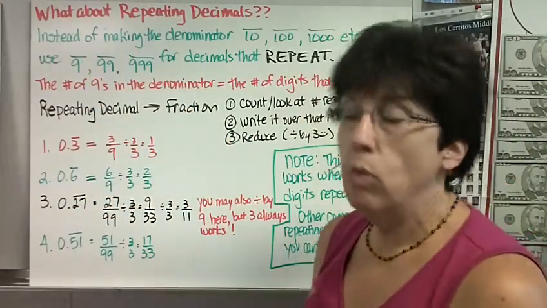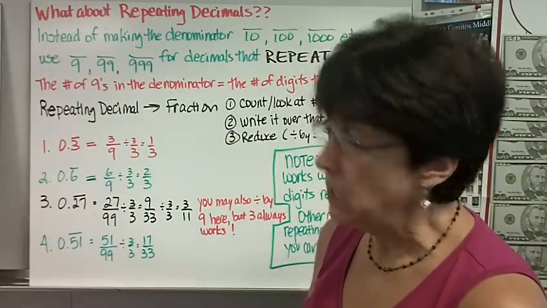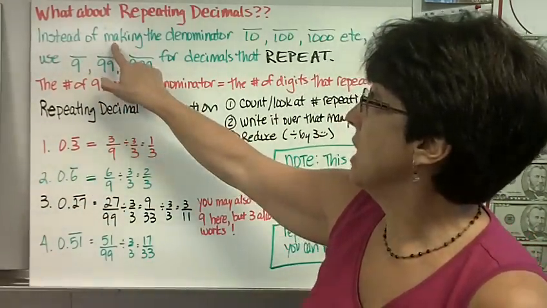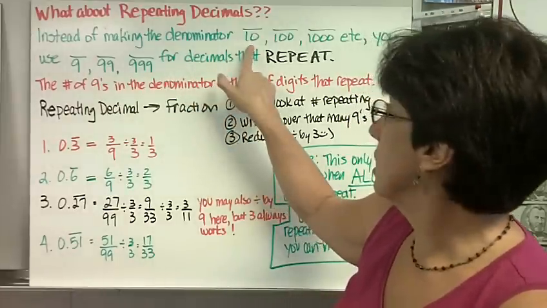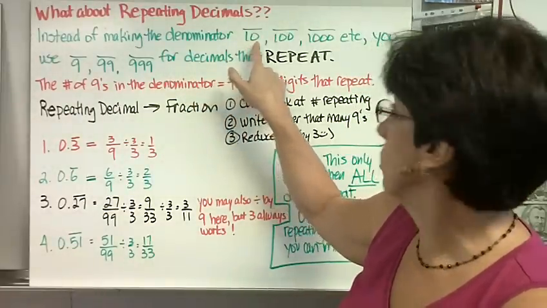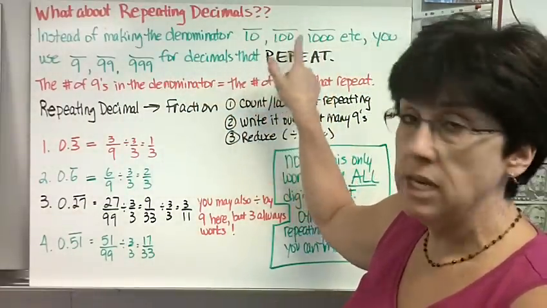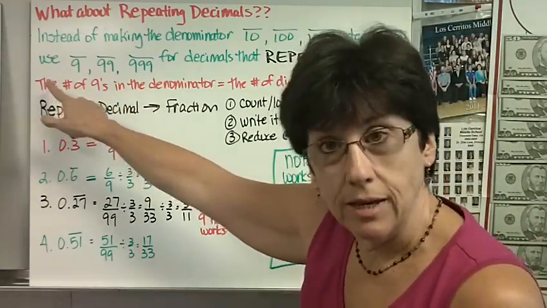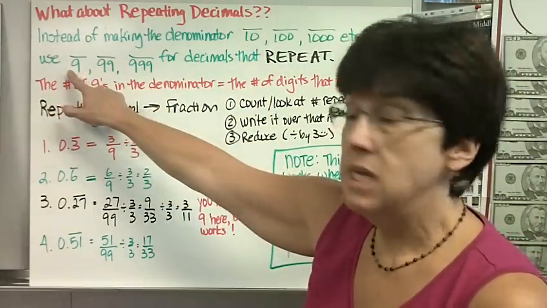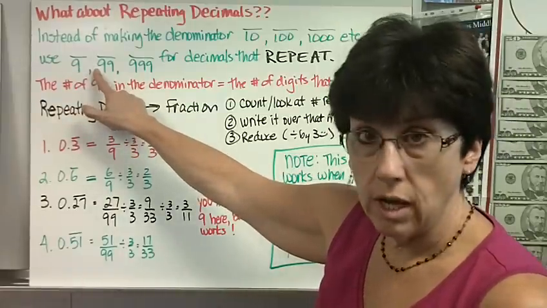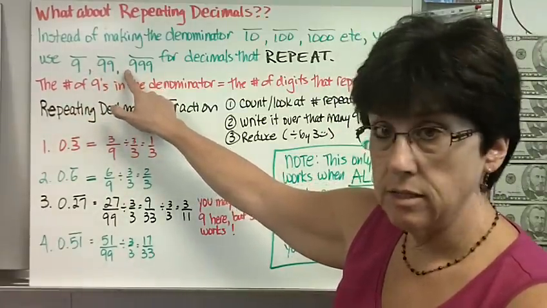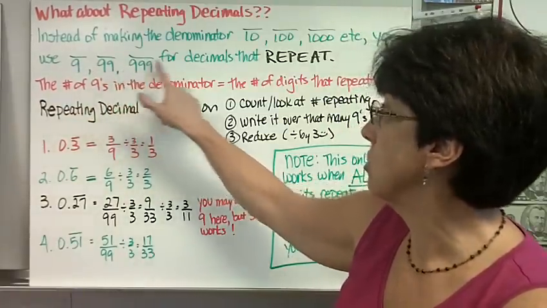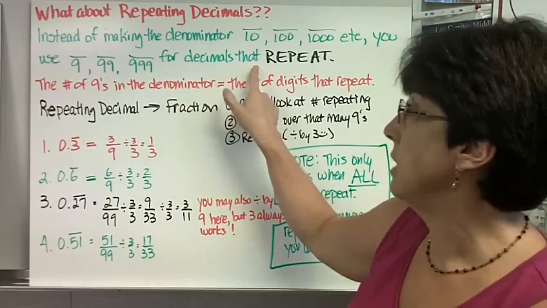All right, but what about repeating decimals? We have repeating decimals. Well, instead of making the denominator with 1 zero, 2 zeros, 3 zeros, 10, 100, 1,000, etc., you use a 9 instead of the 10. So it would be 9, or 2 9s, or 3 9s, 99, 999 for decimals that repeat.